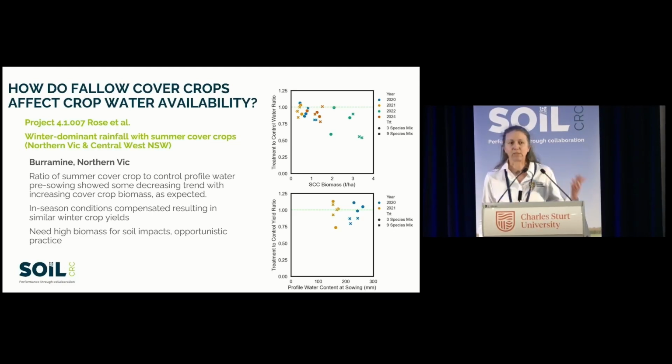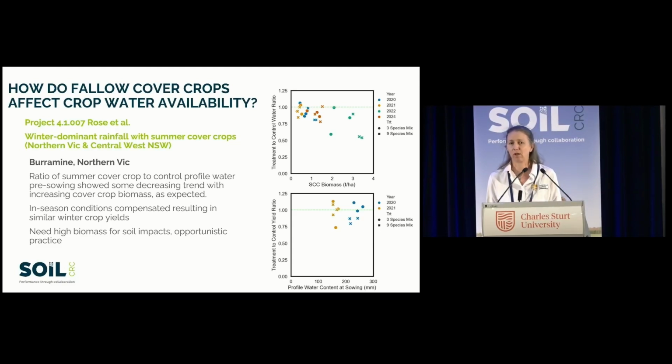So Terry presented some results last year, and I'm presenting the additive results from this year, a little bit on the charts on the right there. On the y-axis we've got the ratio of the treatments, so the cover crop treatment plots, water that's available in the profile at sowing of the subsequent cash crop, the ratio of that to the control.